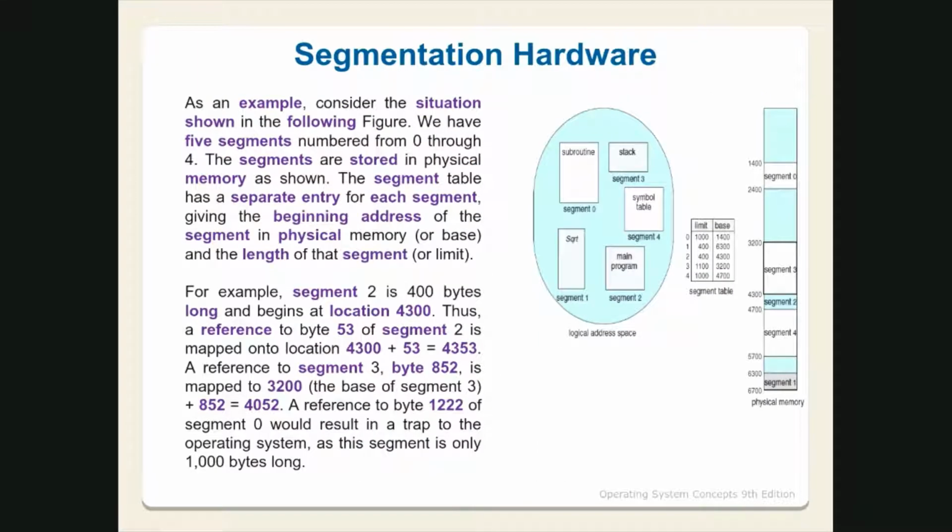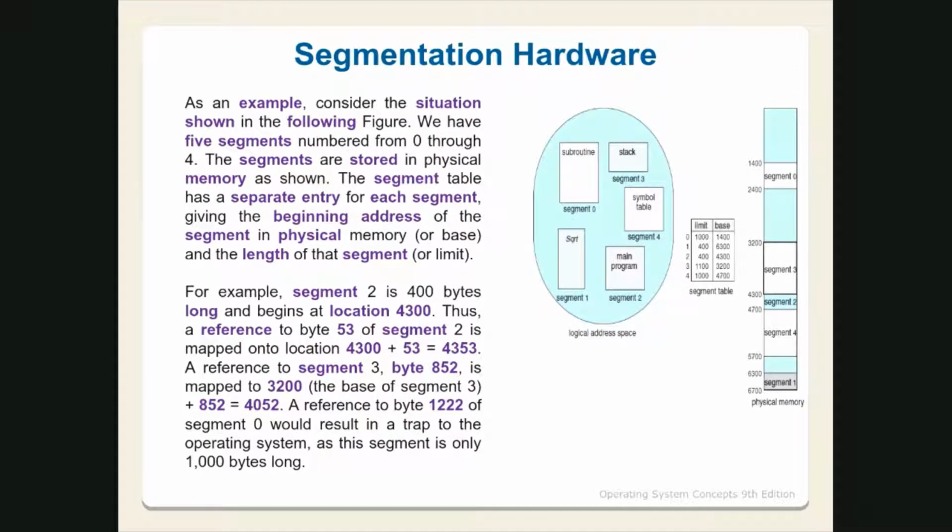Try to see this diagram. The diagram clearly explains it. I told you the segments are all of variable size. Each segment contains different information. This diagram is another example.